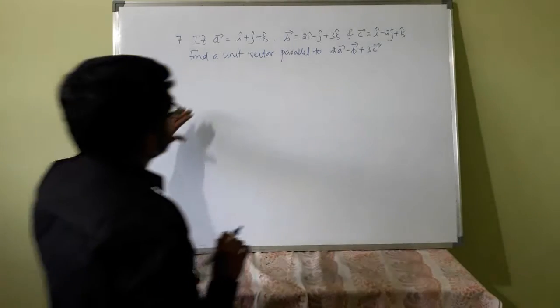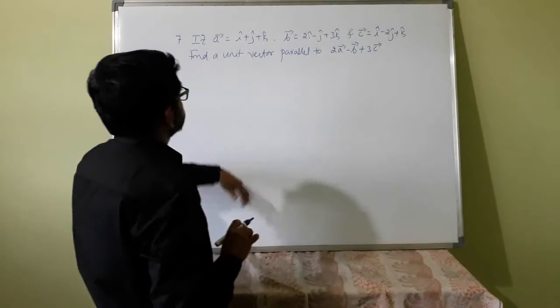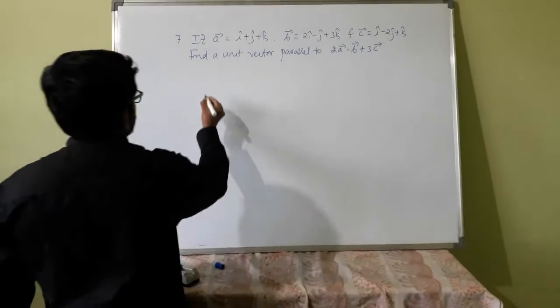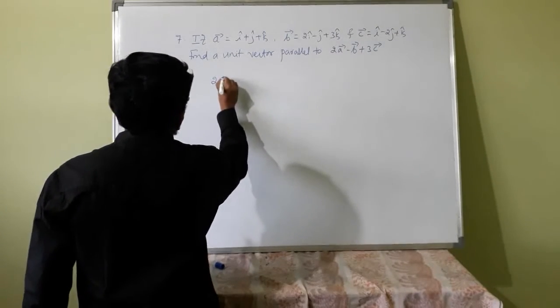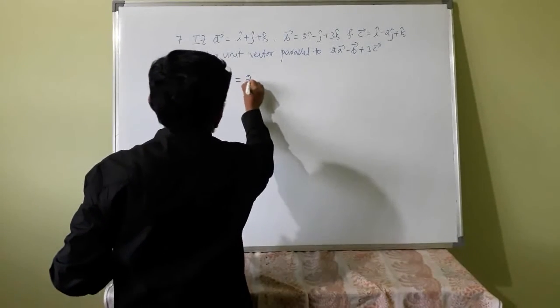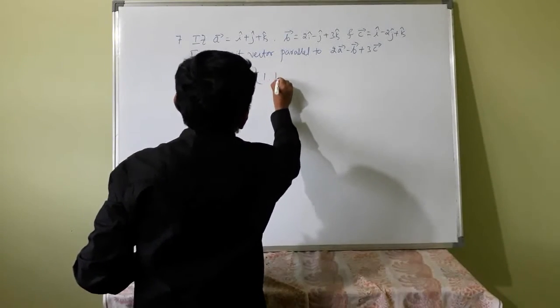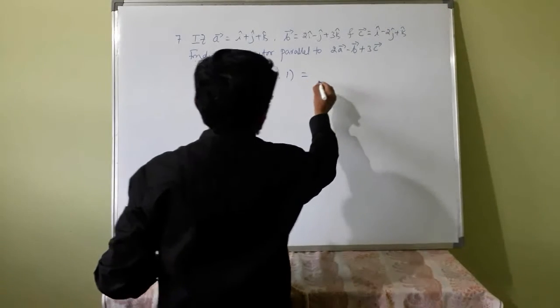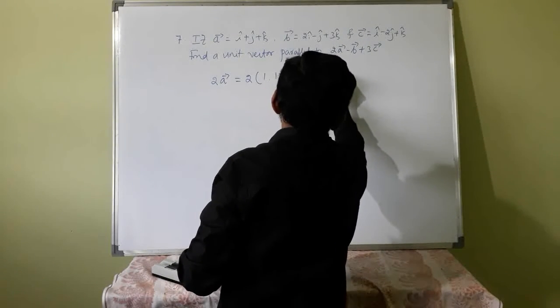See, 2a is 2 times (1, 1, 1), that is 2, 2 and 2.